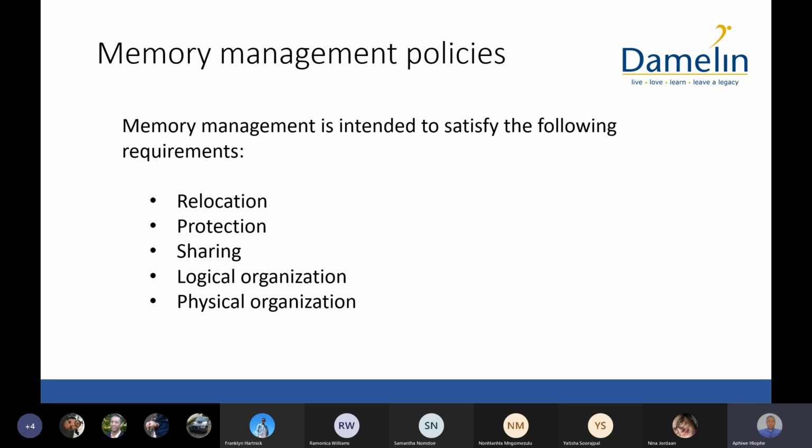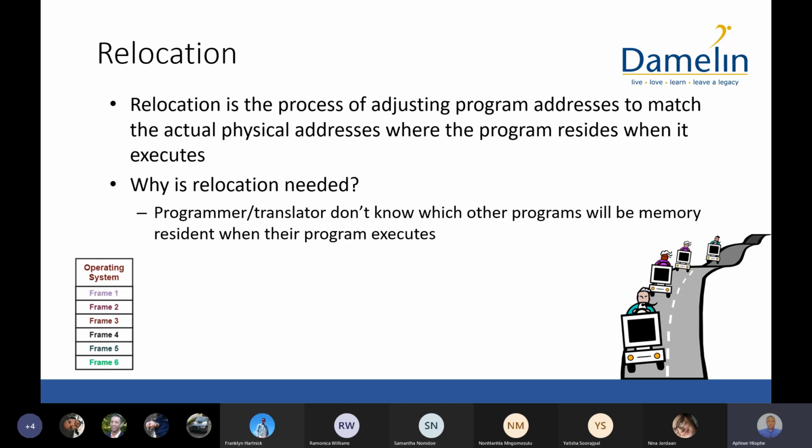We're just going to go one by one and talk about these different policies. The first one is relocation. Relocation is the process of adjusting program addresses to match the actual physical addresses where the program resides when it executes. Okay? Why is it needed?